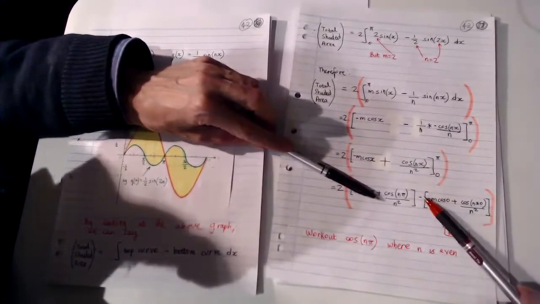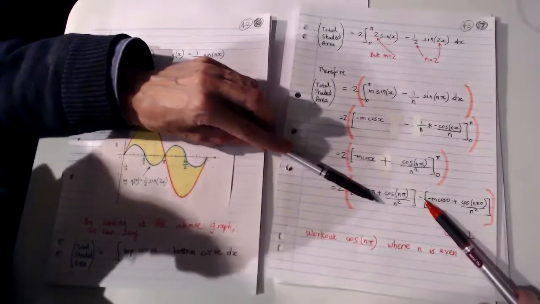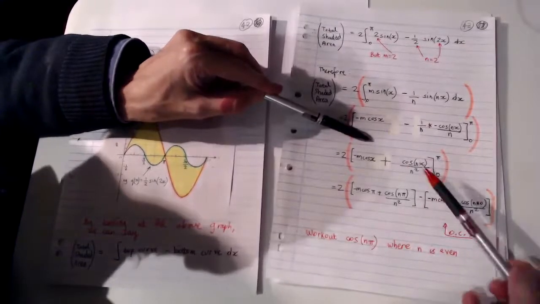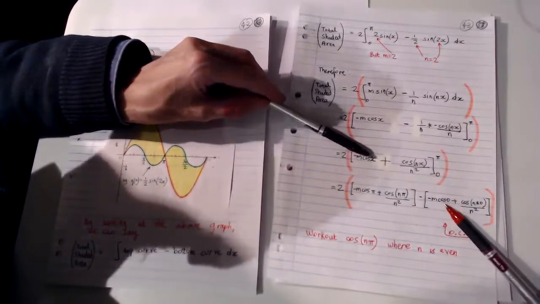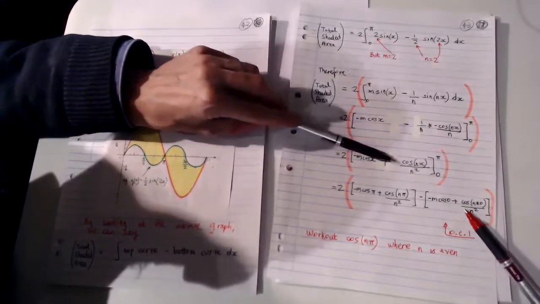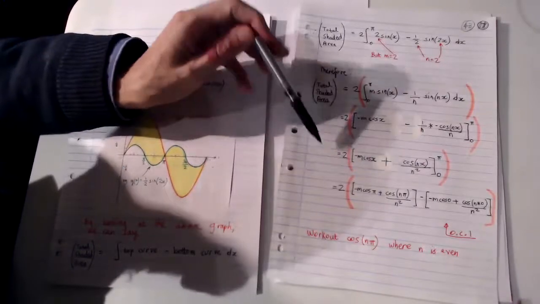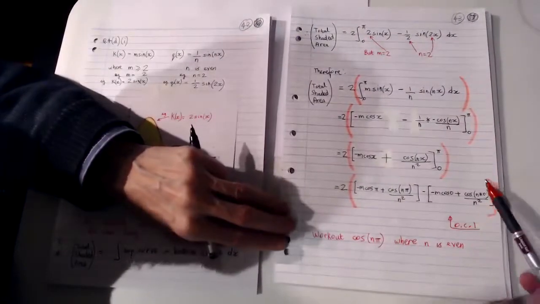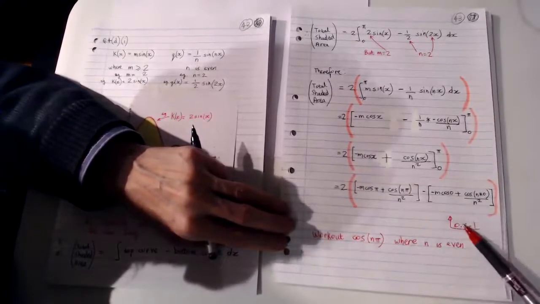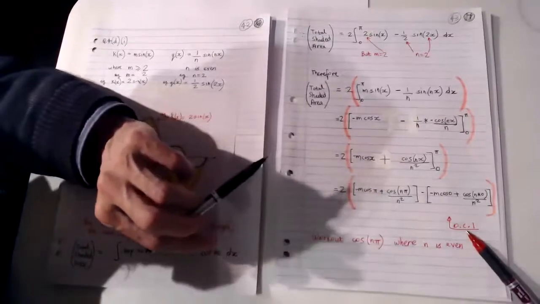Like always, in these types of integration questions, we put a minus, and then we put x equals 0 in there, and we get negative m cos 0 plus cos n times 0 on n squared. That's what we call overall calculation 1.